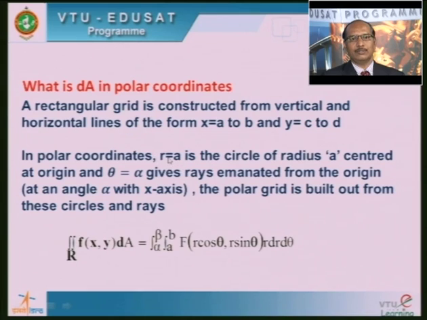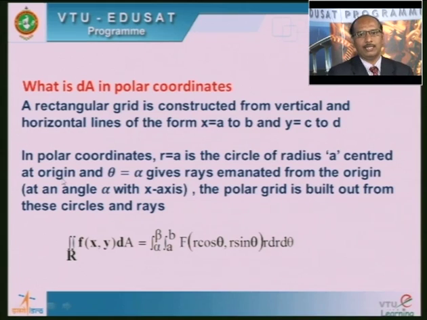So, r square is equal to x square plus y square. r equal to a means root x square plus y square equal to a. That means x square plus y square is equal to a square. Which is that? It is a circle. r equal to a is a circle of radius a centered at the origin.